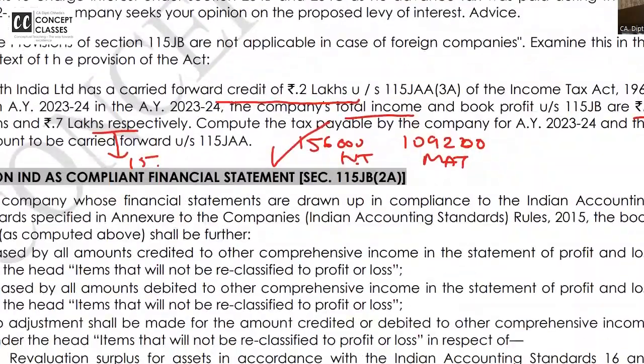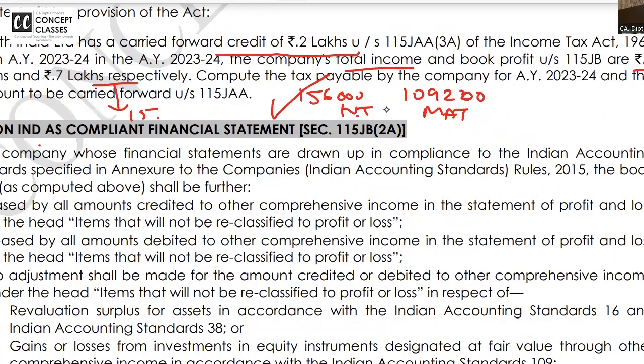Look here. See, MAT on Ind AS compliant. A company whose financial statements are drawn up with the Indian Accounting Standards shall have its book profit further increased. Add all amounts credited to other comprehensive income in the P&L account, items that will not be reclassified.